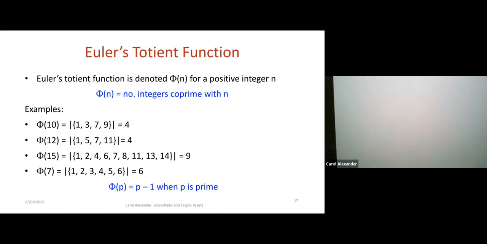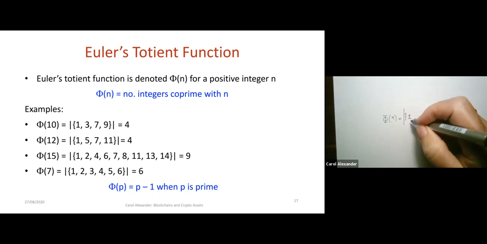So let's take phi of 9. Well, 9 is 3 squared, so obviously 1 is coprime with 9 because 1 is coprime with everything.